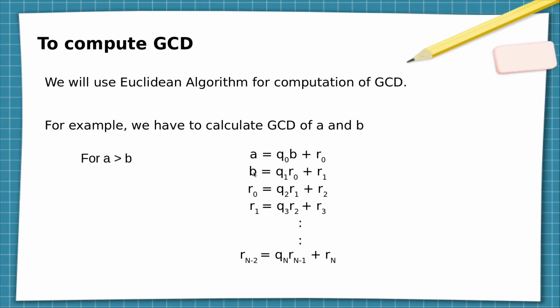So b equals some other number times r naught plus some other remainder. And this process is going to continue until we reach a point where we get some remainder rn, which is actually 0.